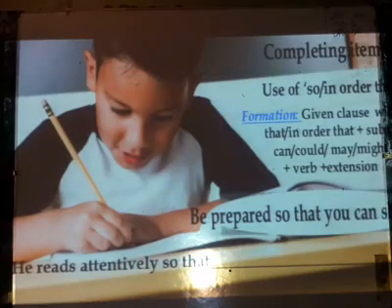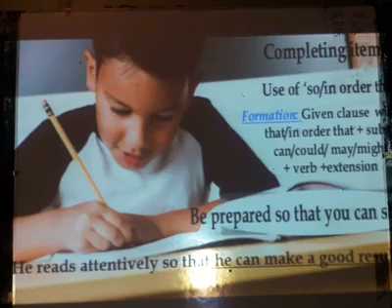Be prepared so that you can pass in the exam. Say. Now there is a sentence. He reads attentively so that. You try your level best to complete the sentence. He reads attentively so that he can make a good result.